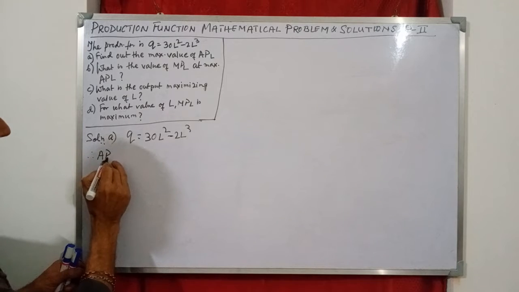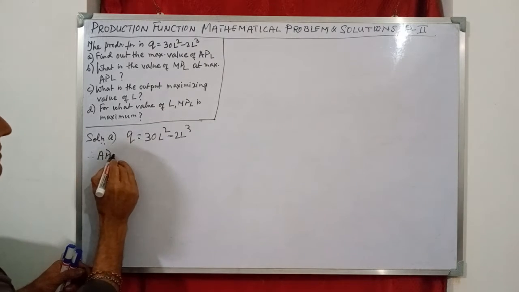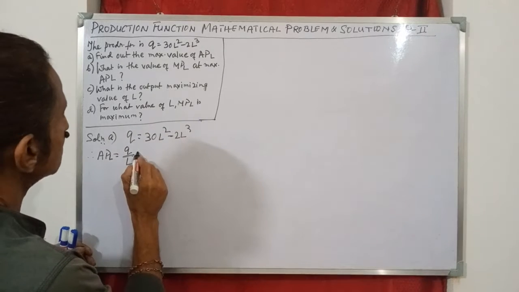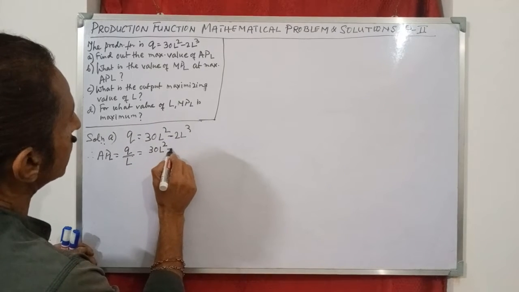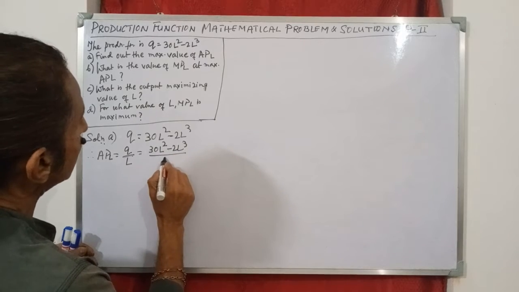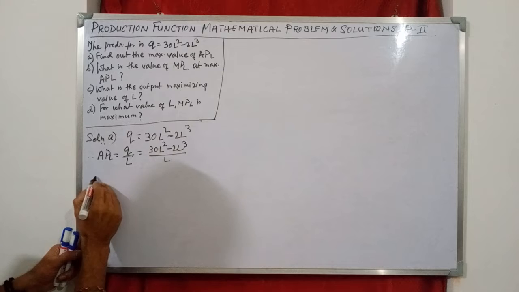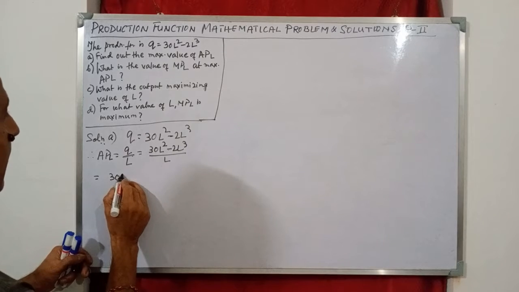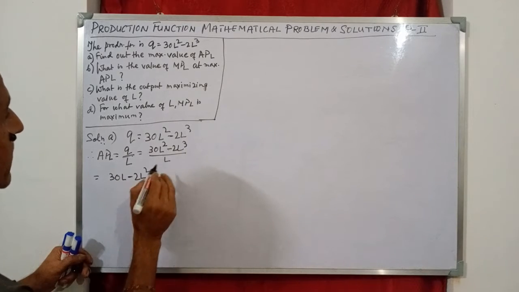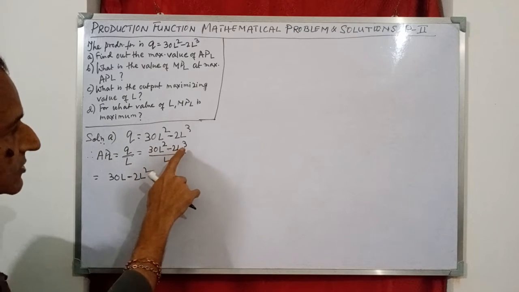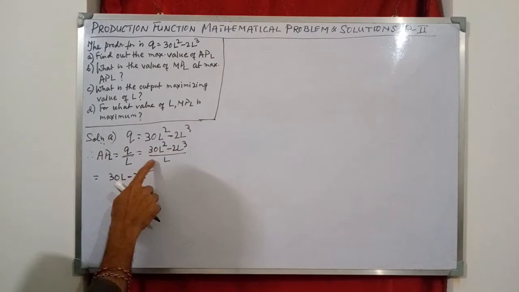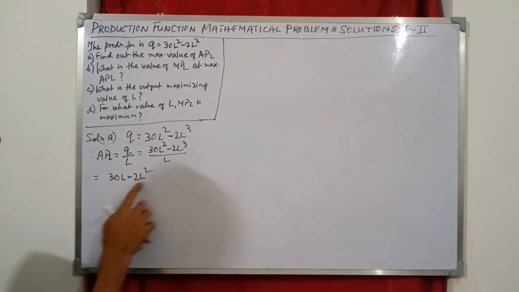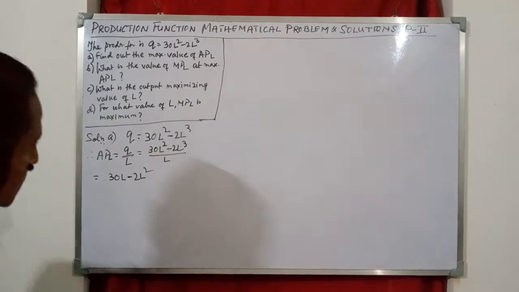Therefore, APL, that is average productivity of labor, is equal to Q by L, total quantity by amount of labor, which is 30L square minus 2L cube divided by L. It becomes 30L minus 2L square.